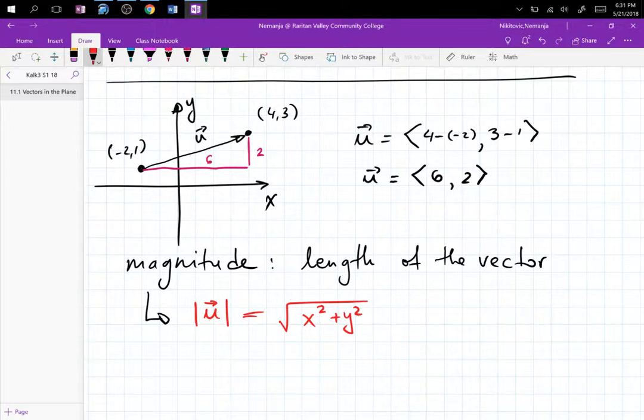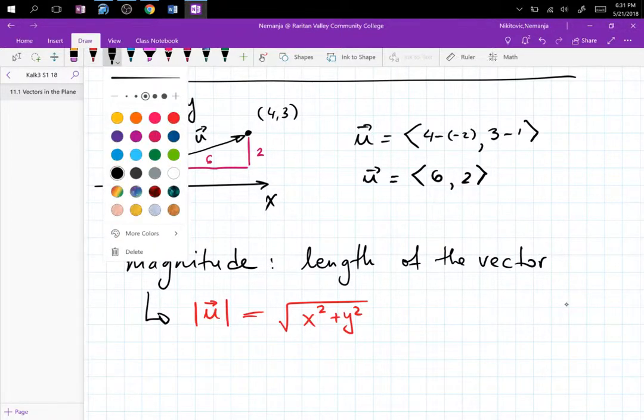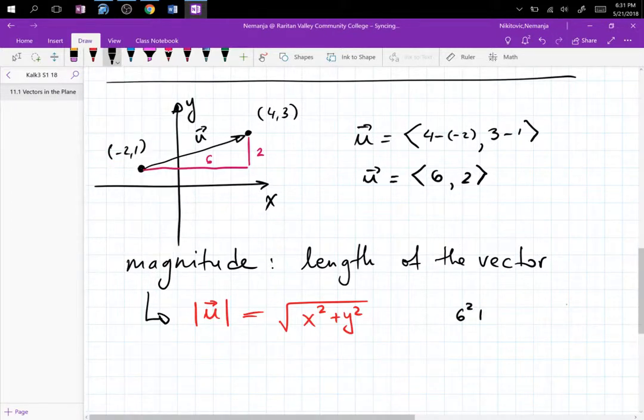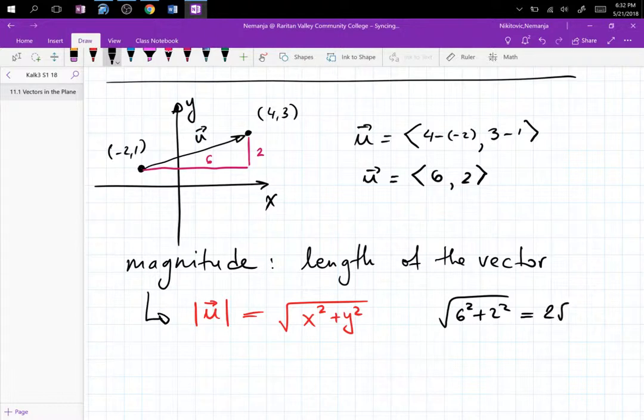So in our case, for our vector it would simply be 6 squared plus 2 squared, which is clearly 2 root 10. So we have the magnitude for our vector to be 2 square root of 10.